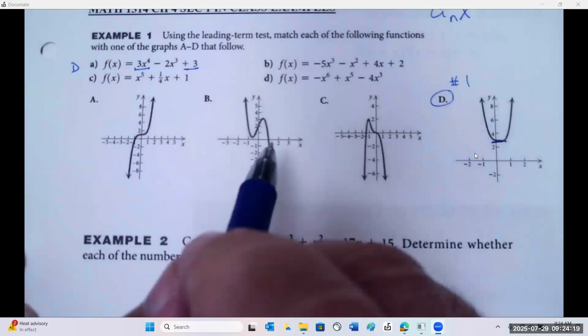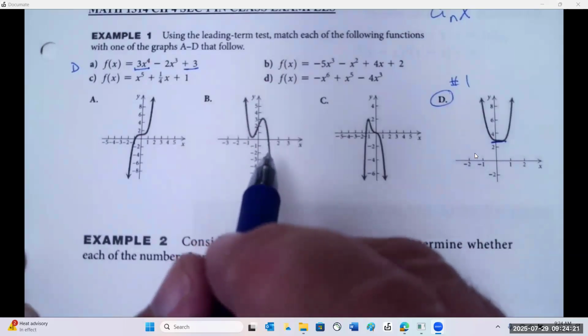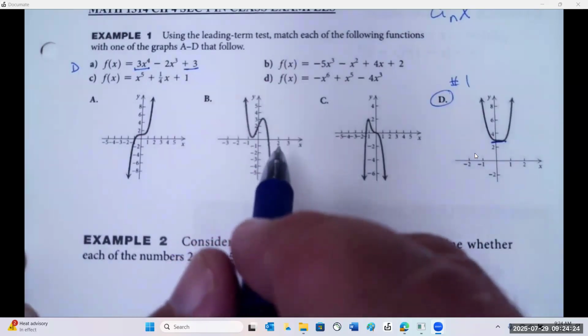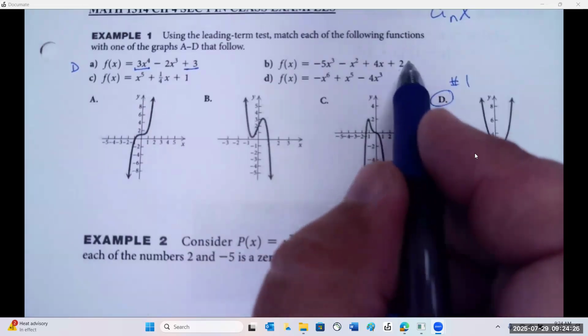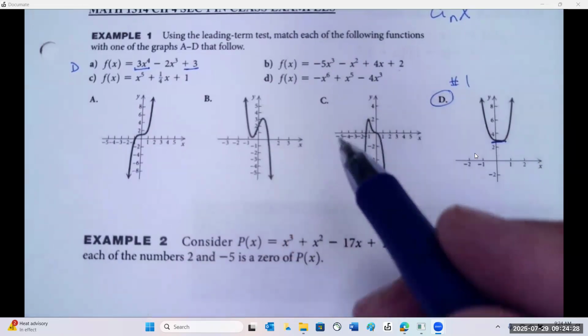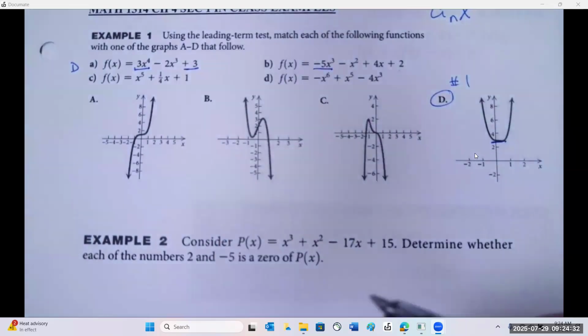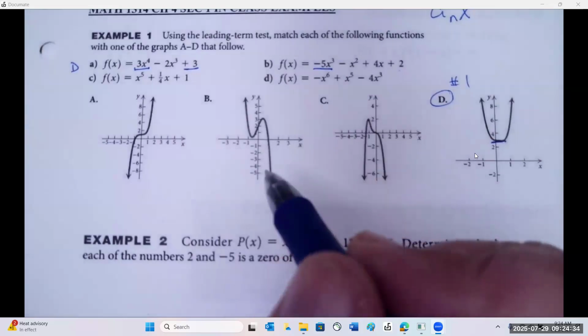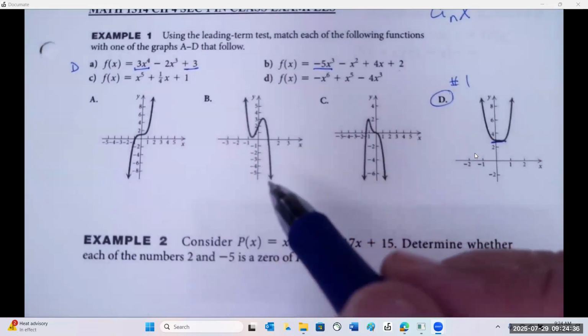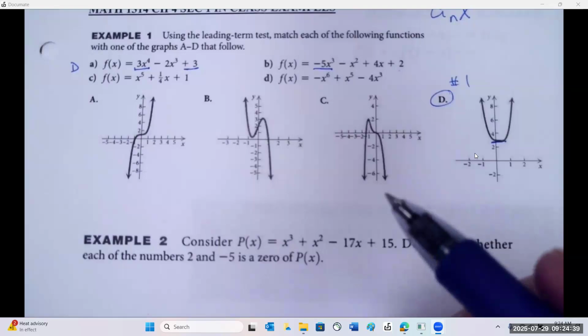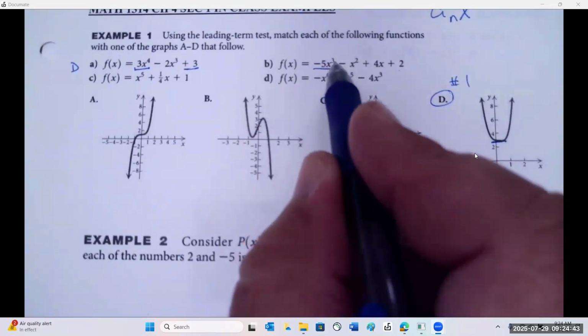How about B? What do we know about that one? Yeah, the y-intercept is important, but in the very, very lowest scale possible. This is much more important right here. What degree is it? What does that mean? What's the graph going to look like? Well, yeah, it means both ends point in different directions.